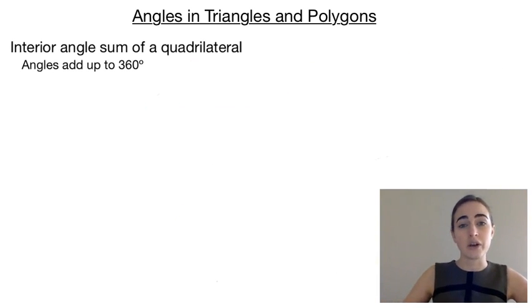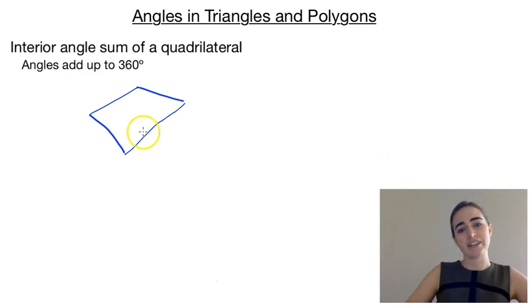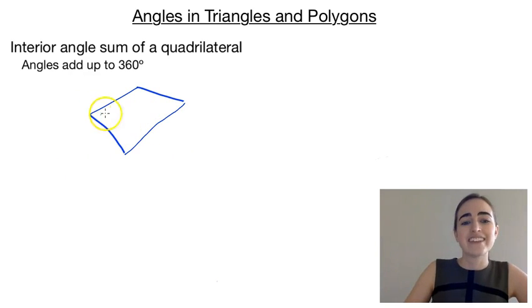Next, I wanted to have a look at quadrilaterals, so any four-sided shape. It says that interior angles add up to 360 degrees. So pretending all those lines are straight, we're saying that all four of those angles add up to 360 degrees. Now the way you can see that is you could split this shape into two triangles, drawing from one corner to the other.